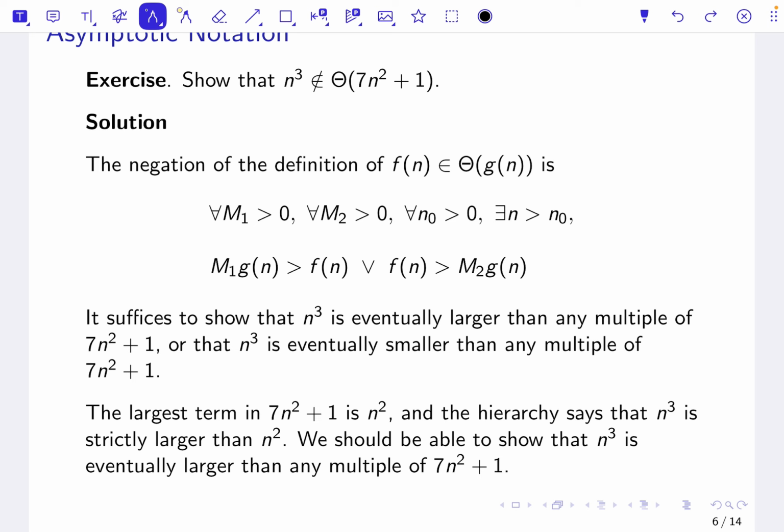Before, we had two inequalities that needed to be true. It was an AND statement. We negate that, and that's an OR statement of the AND statement's components' negations. So we have that for all these quantified variables, m1 times g of n has to be greater than f of n, or f of n has to be greater than m2 times g of n.